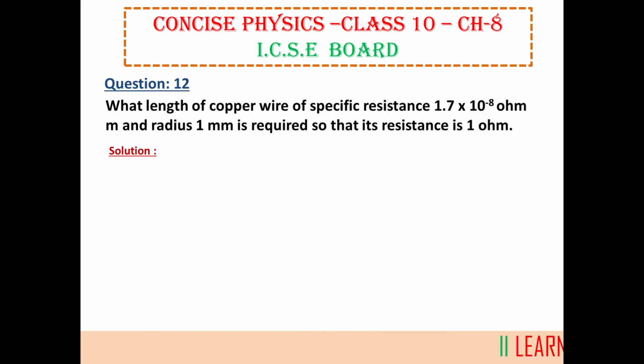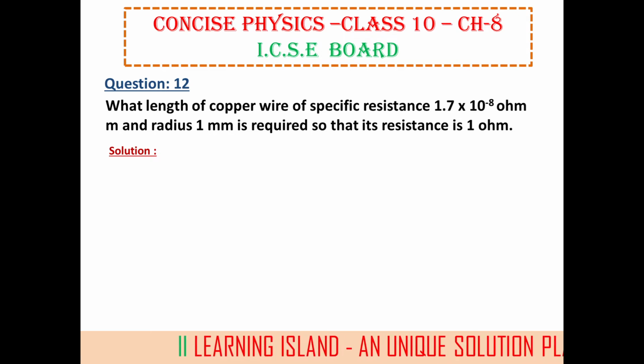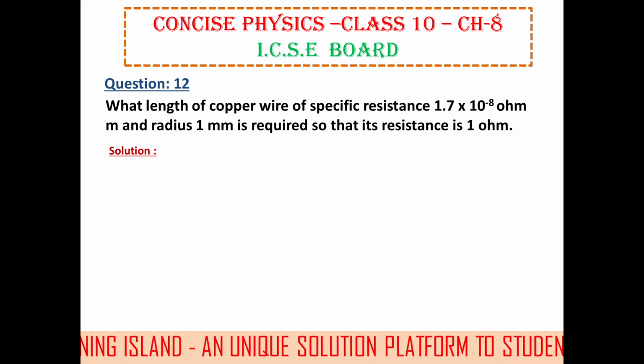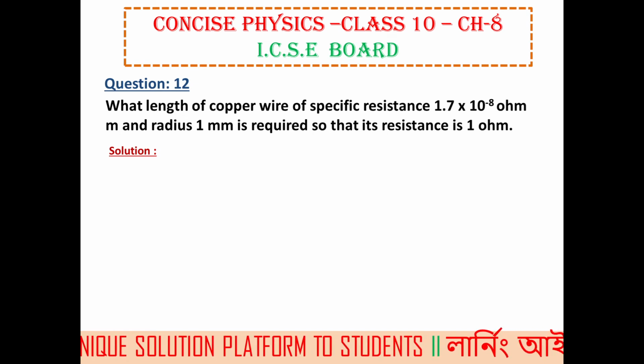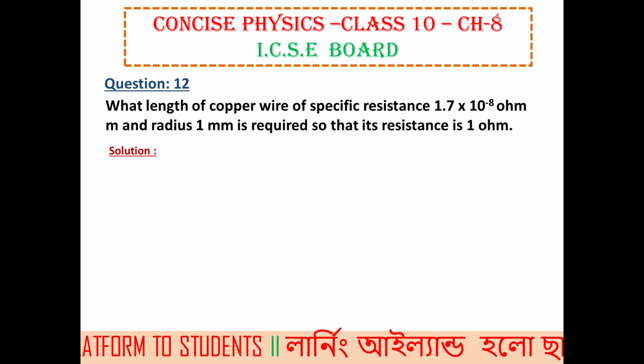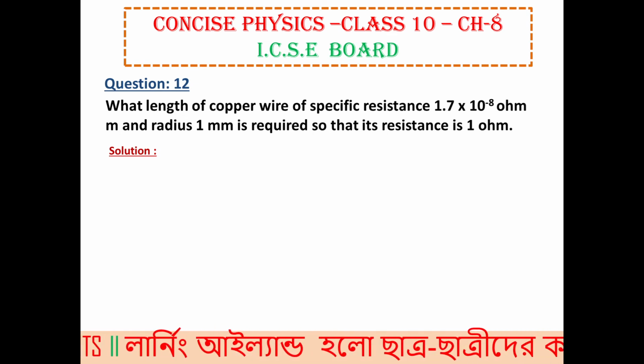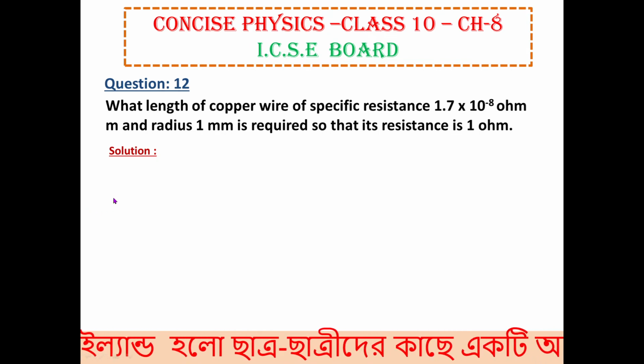So the next question is, what length of a copper wire of specific resistance 1.7 into 10 to the power minus 8 ohm meter and radius 1 millimeter is required so that its resistance is 1 ohm? Here we have to find out the length. What is given? I am telling you that once you write down the given data, the problem gets solved half.